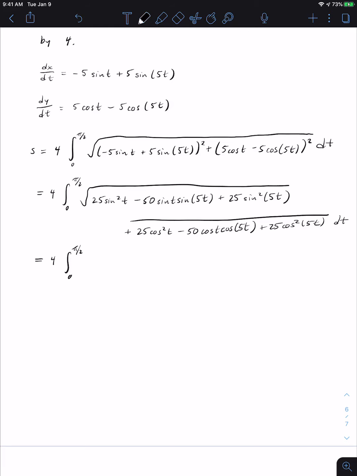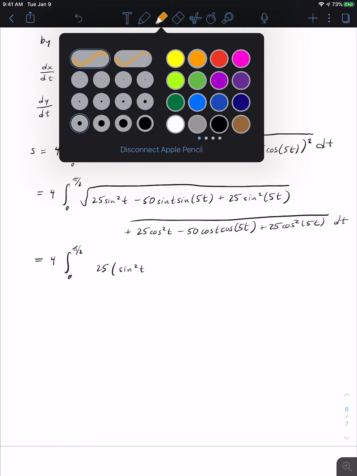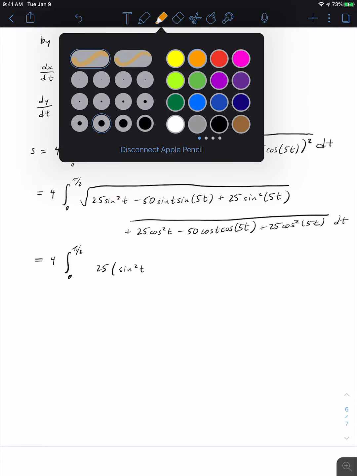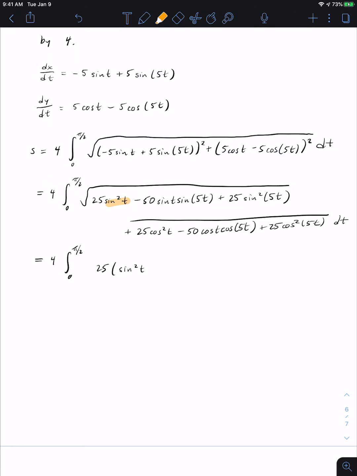Okay, so first thing that I'm going to do is pull out a 25 from everything. I'm going to pull everything out and group things together. Grouping things together, we'll do that in orange. I'm going to group this sine squared t together with this cosine squared t, and then I'm also going to put this sine squared of 5t and this cosine squared of 5t together.